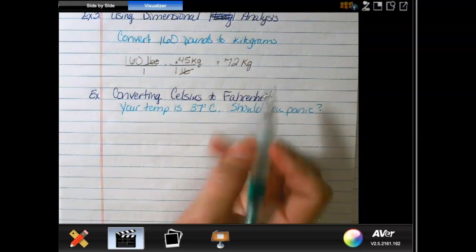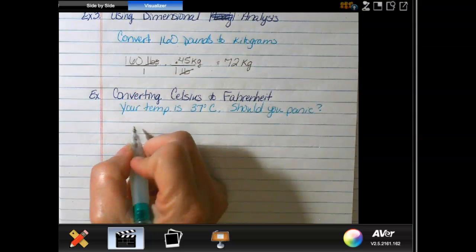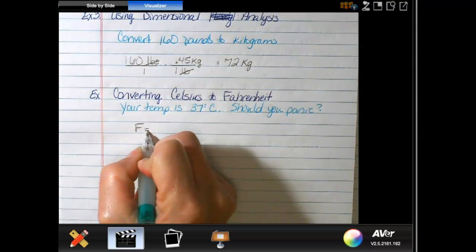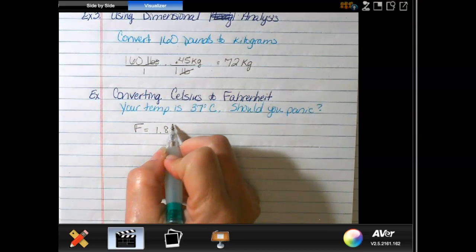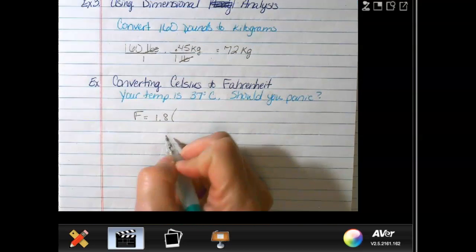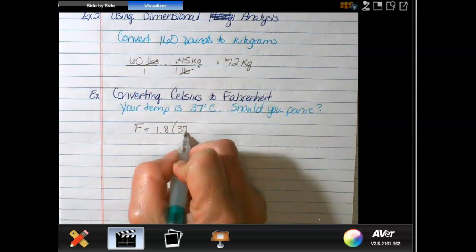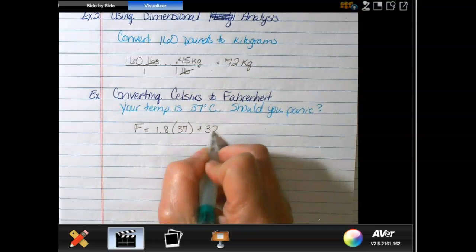So we're converting Celsius to Fahrenheit. So we're going to use Fahrenheit is equal to, and you can grab the decimal or the fraction one. I'm using the decimal one: 1.8 times our Celsius degree, which is 37 degrees Celsius, and then we have to add our 32 degrees on top of that.